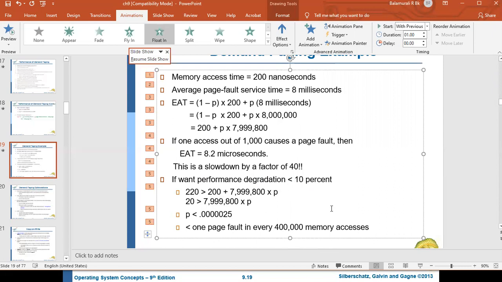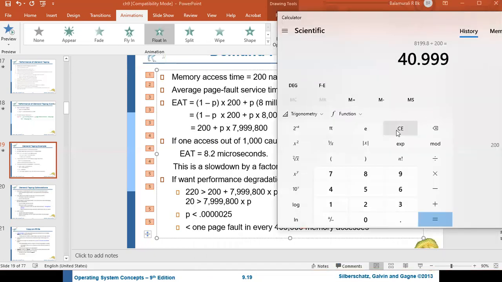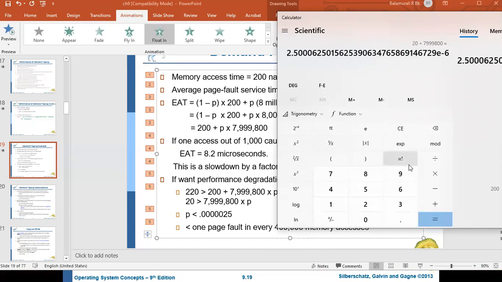So 20 divided by 7,999,800. It is coming in terms of e to the power minus 6, which is nothing but 0.0000025.